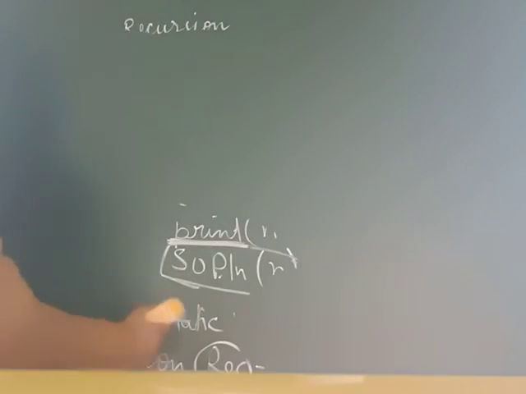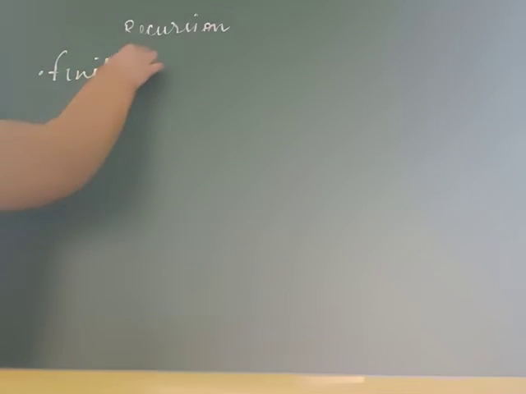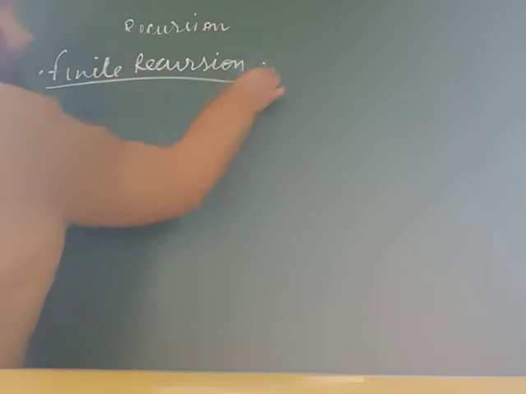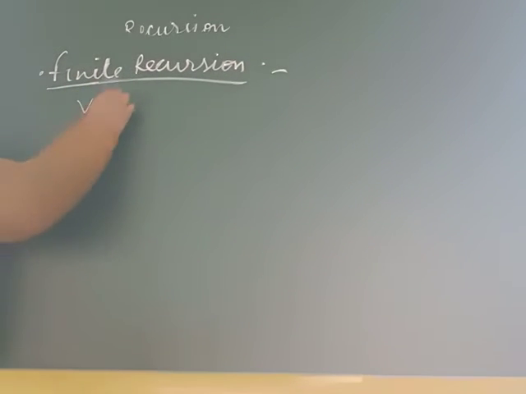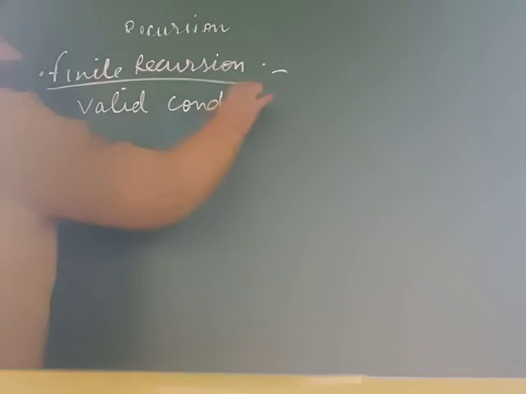We had already done some recursion function questions also. Now, recursion function is of two types. One is the finite recursion. So what is the finite recursion? A finite recursion is one in which there is a valid condition.